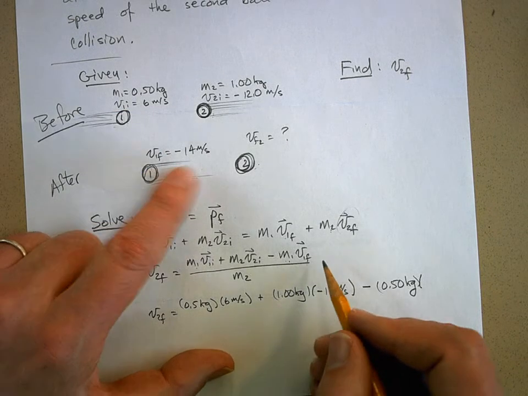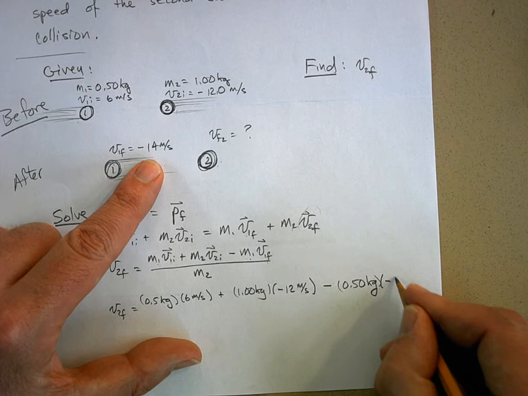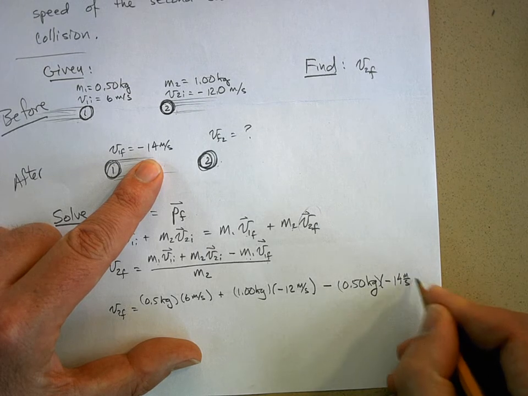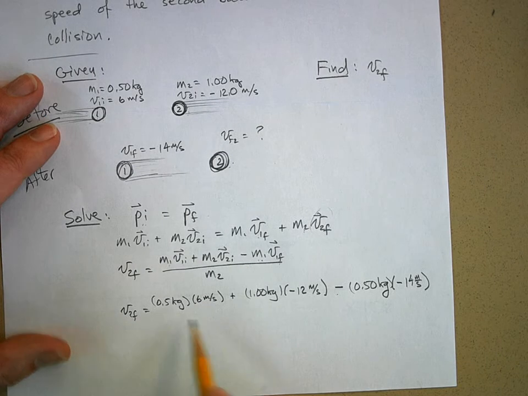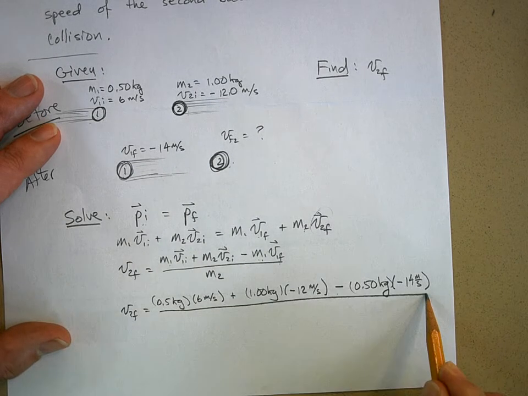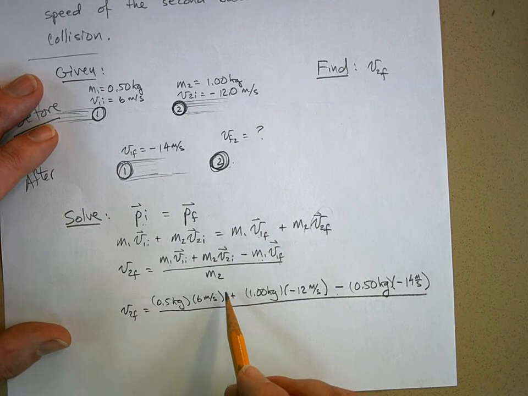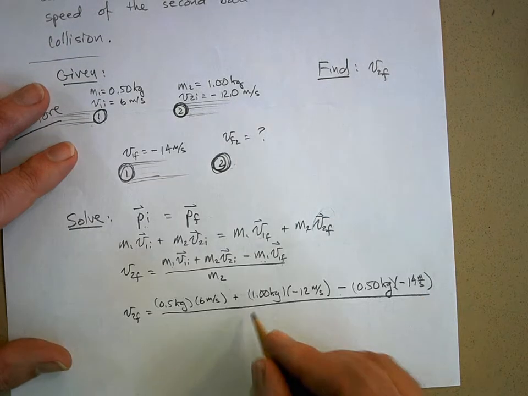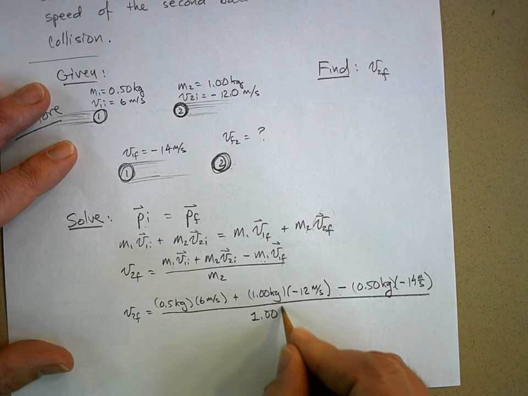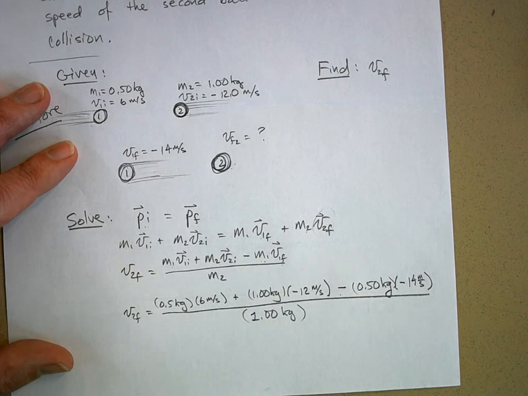V1 final is given to be negative 14, so we have minus a negative here. We're going to divide that by M2, and M2 is 1 kilogram. It's kind of nice that it was 1 kilogram. It makes a lot of our math easier.